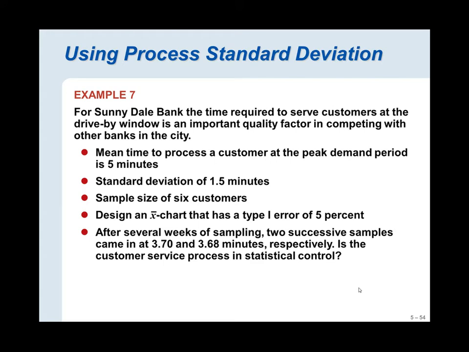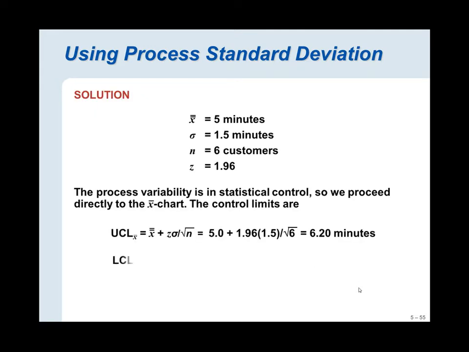There are 2 occasions that were resampled. One is 3.7 and one is 3.68. The question asks, is the process in control? It seems that the 2 successive additional samples collected are lower than the lower control limit.